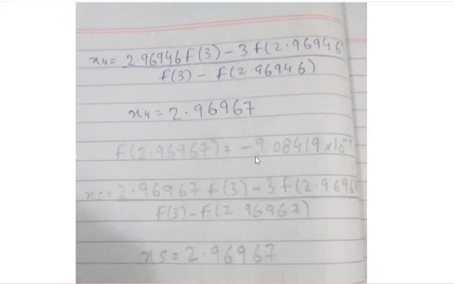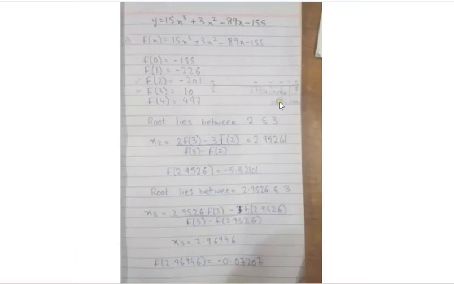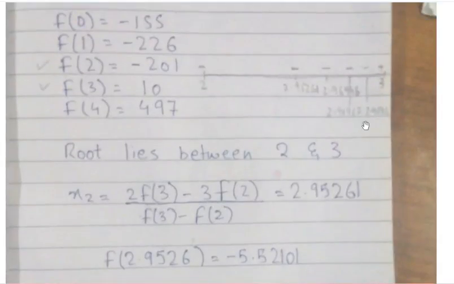Again we write our x4 on the real line, which is here, 2.96967, and the sign which we obtained by substituting this answer into the equation, which was minus 9 point something.